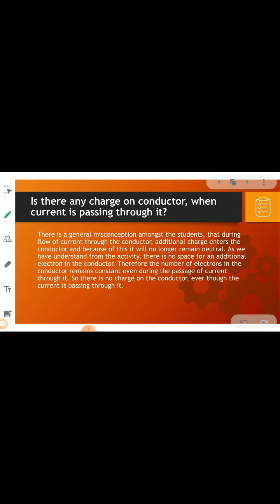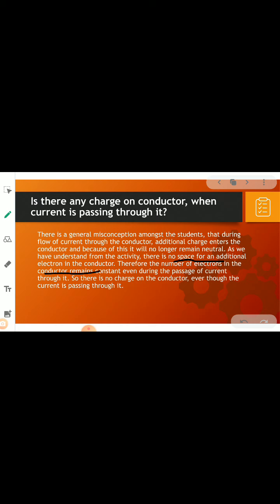No. There is a general misconception among students that during the flow of current through the conductor, additional charges enter the conductor and because of it, it will no longer remain neutral. As we have understood from the activity, there is no space for an additional electron in the conductor. Remember that.